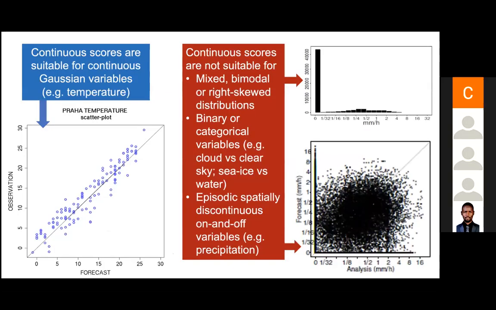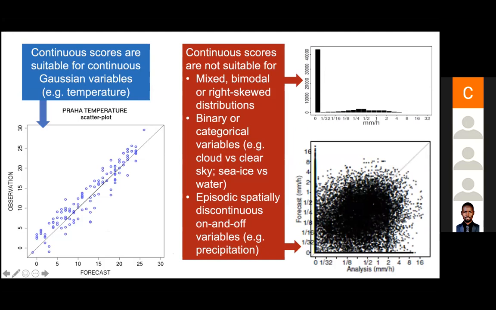So continuous scores are suitable for continuous Gaussianly distributed variables, like, for example, temperatures here on the left, and they are not suitable for mixed or bimodal or right-skewed distributions. Here at the top, you see a distribution of a precipitation field. You can see there is a lot of zeros, no precipitation values, and then some precipitation values.